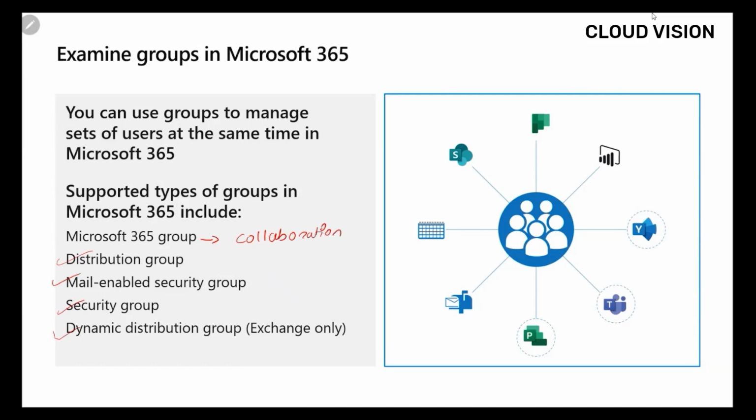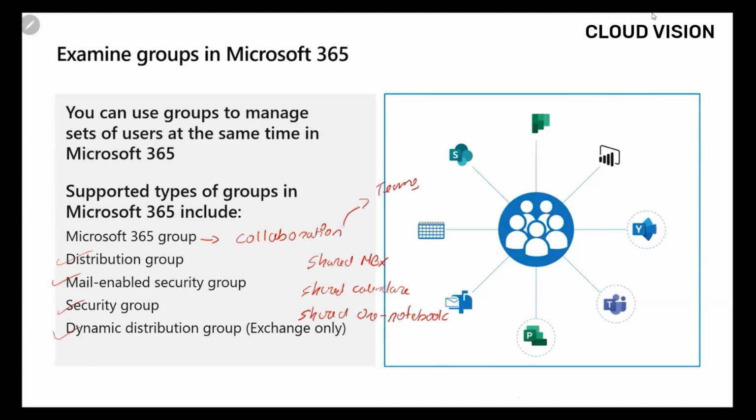There are certain resources that are created with a Microsoft 365 group, such as a shared mailbox that gets created with it. Then there's a shared calendar that is created with it. You also get a shared OneNote notebook. And with the help of the collaboration option, you can create teams out of it.